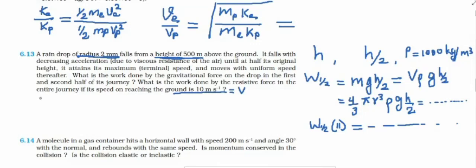Therefore, we can calculate the change in kinetic energy, delta K. The change in kinetic energy is equal to final kinetic energy minus initial kinetic energy, and the initial kinetic energy is 0. So directly you can calculate the value of half m v square. V is 10 and m again you have to take as 4 by 3 pi r cube rho.